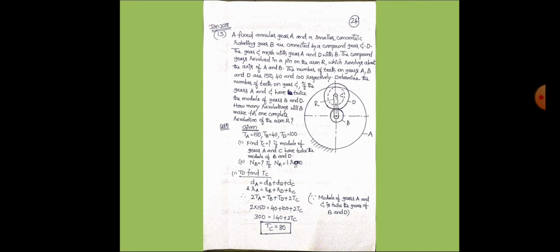Next, these two are connected by a compound gear CD. So in between A and B, compound gear CD should come, but compound gear CD is having two wheels, wheel C and wheel D. So now read the next sentence. The gear C meshes with gear A and D with B. See, compound gear CD should be in between A and B as per the first line of the statement.